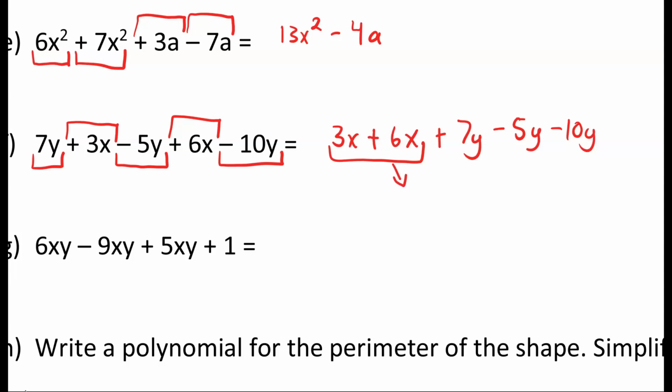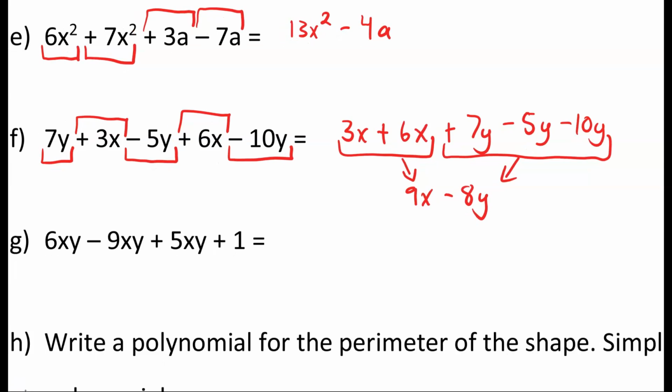So 3x plus 6x gets me 9x. Then I have my y's that I want to put together. So I have plus 7y subtract 5y subtract 10y, which gives me negative 8y. And that would be as simplified as we can get on this equation.